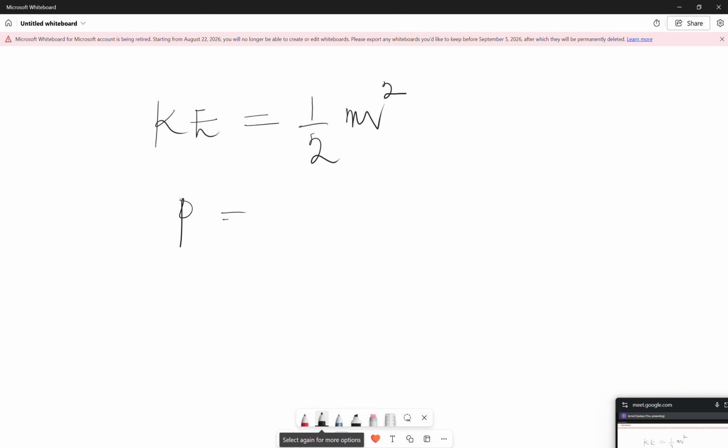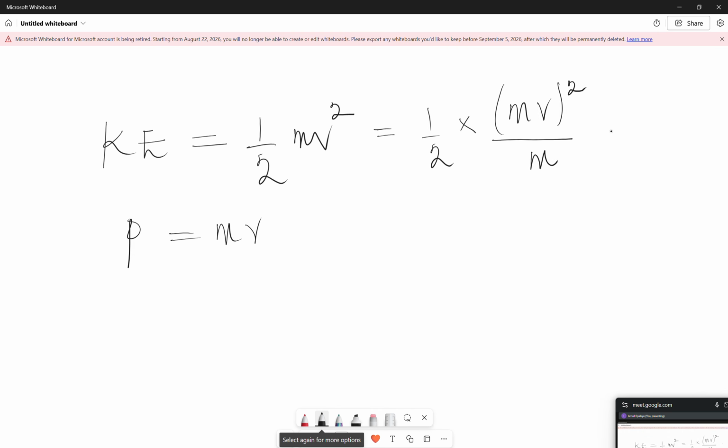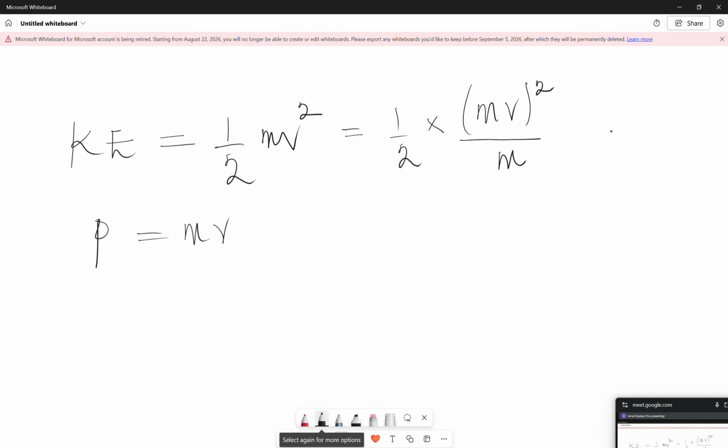If your linear momentum is equal to mass times velocity, how can you bring linear momentum into this equation? Basically we say this equals half times, you can square these together and it will still be equivalent when you divide by m. Do you get that?